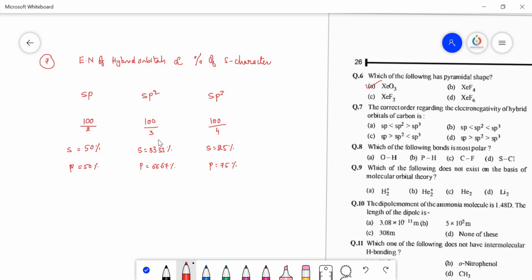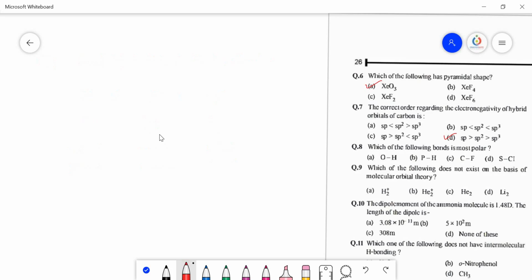But 2 p orbitals are there, so 2 into this value, you will get 66.67%. So in which case the s orbital percentage is more: here, next here, next here. So the electronegativity order is also like this. And in the options, if you see, sp is more than sp2, which is more than sp3. So option D is correct.